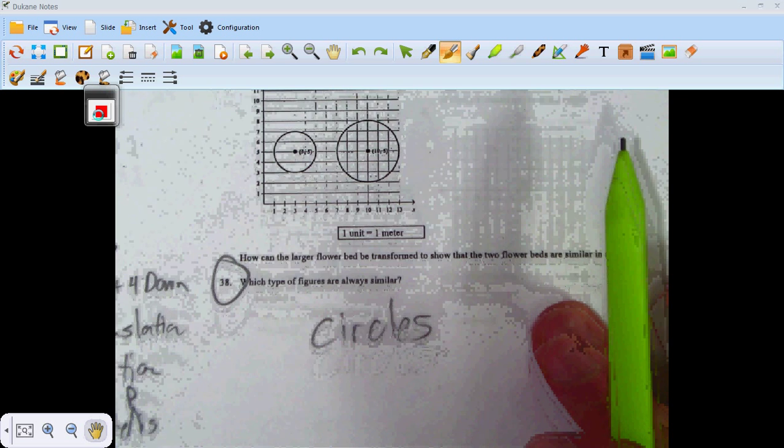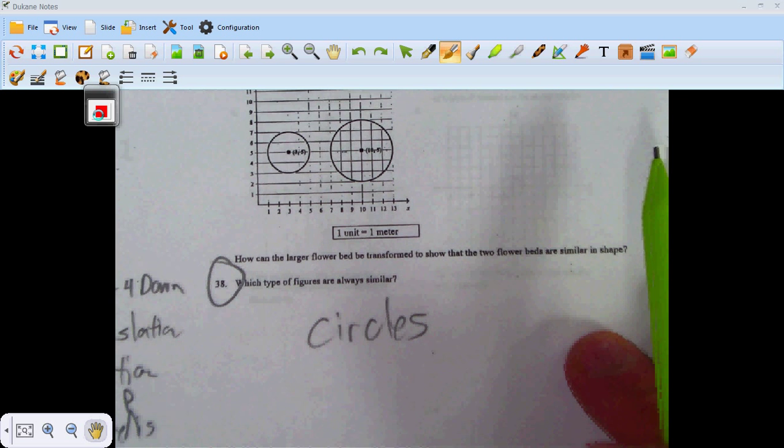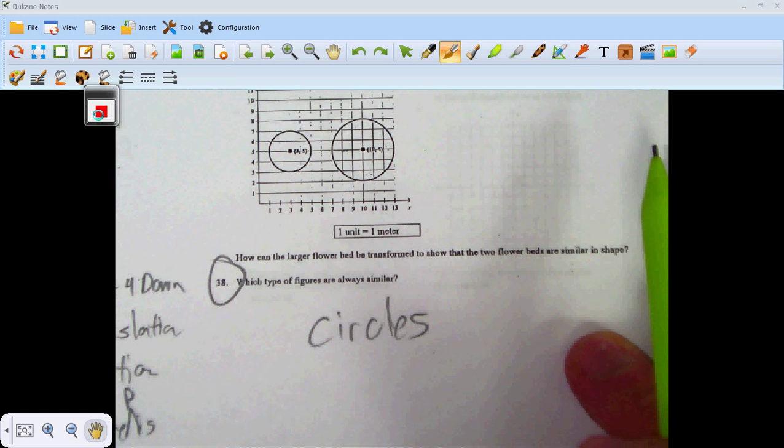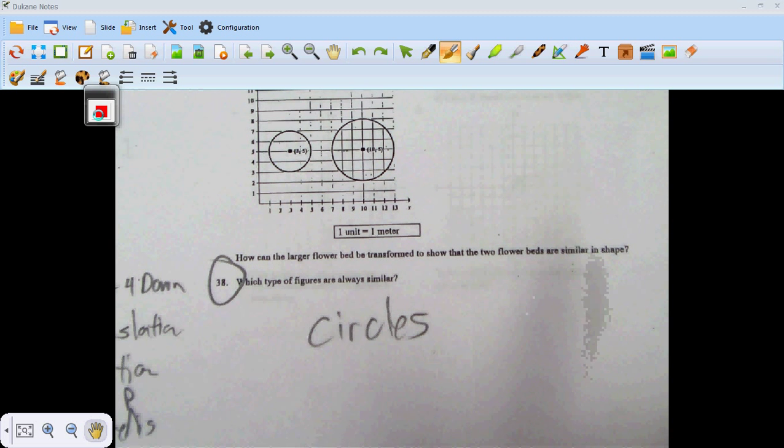Now, 38. Which type of figures are always, always, always similar? Circles. I think that's even that way on your test tomorrow. So you shouldn't have to spend a lot. No, circles.